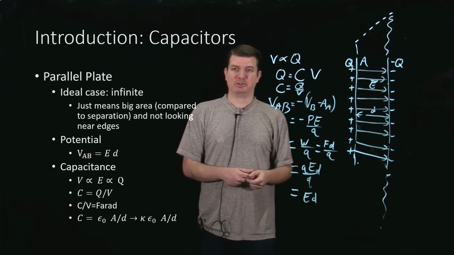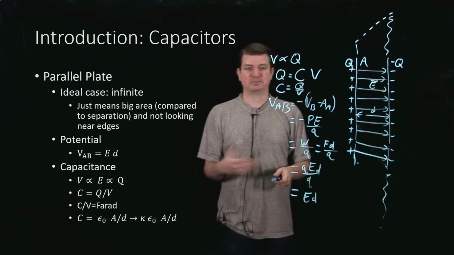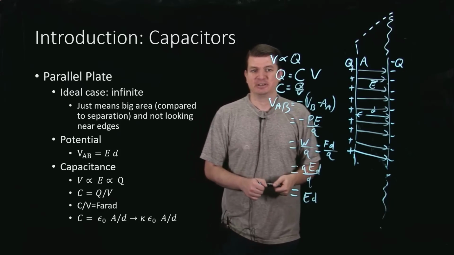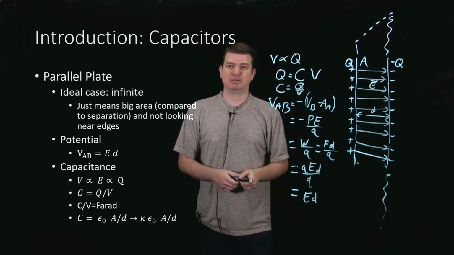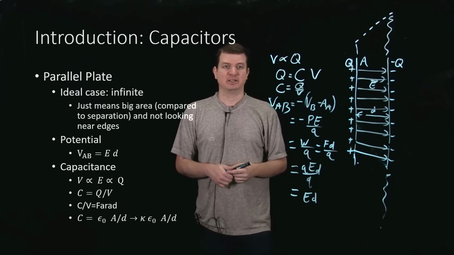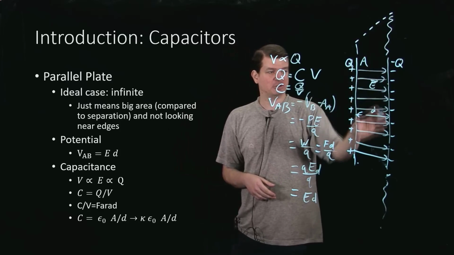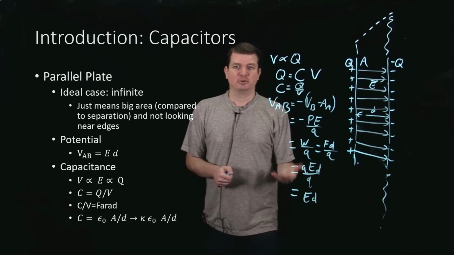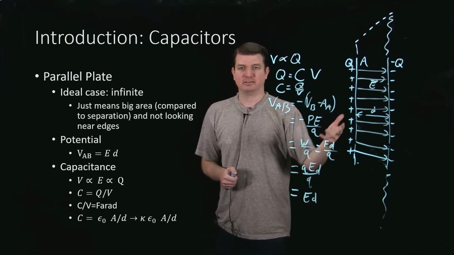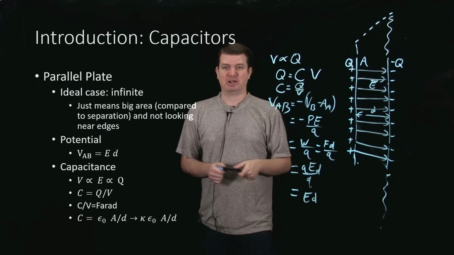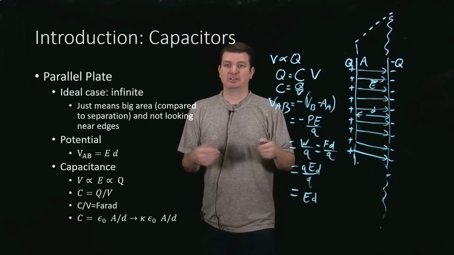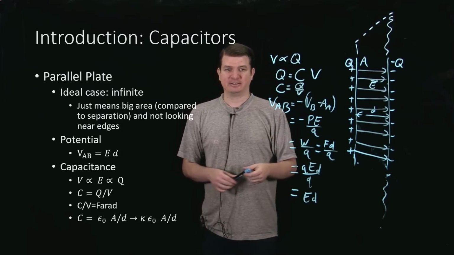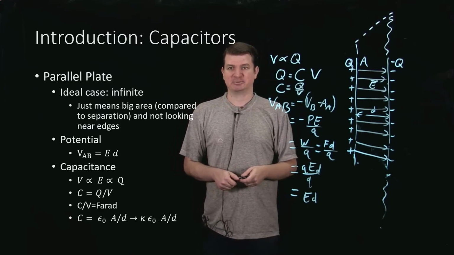So it ends up making things have an extra constant that scales up the capacitance. Okay? And that extra constant is what we call a dielectric constant, because we talk about putting things in between here as dielectrics. So those are insulating materials which result in a change in the capacitance of the parallel plate capacitor. You can look up a material's dielectric constant, and then that is what that kappa represents in that expression.